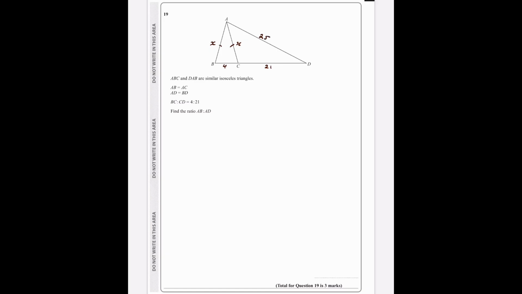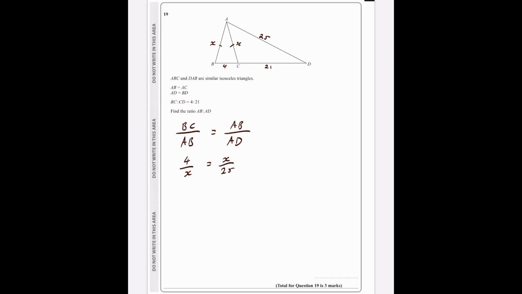AB on the smaller triangle is going to match up with AD on the larger triangle. AC will match up with BD, and AB on the larger triangle will match up with BC on the smaller triangle. If you can get that visual in your head, everything else will flow from it.